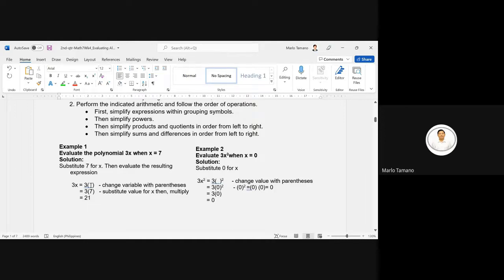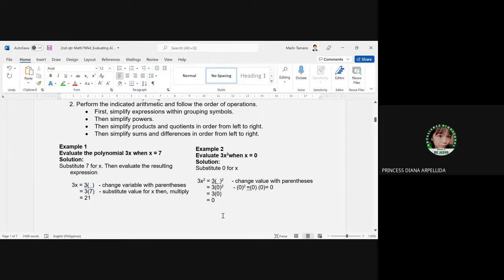Instead of using x, parenthesis po yung gagamitin natin. So, replace x with 7. So, 3 times 7 na po ngayon. Change the variable with parenthesis, substitute value for x, then multiply. 3 times 7 is 21. Nakuha na ninyo ang sagot. Madali.